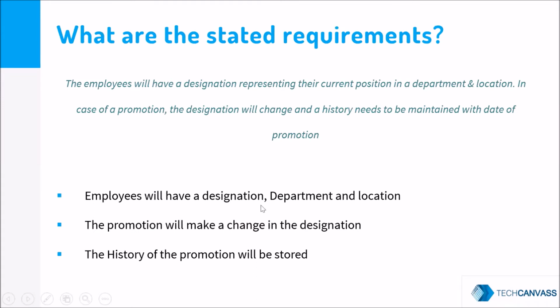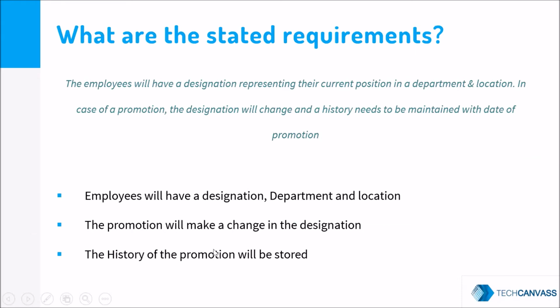What is explicitly mentioned here is that every employee will have a designation, a department, and location. The promotion will result in the change of the designation, and the history has to be maintained for the promotion along with the date of the promotion. These are the explicitly stated requirements.